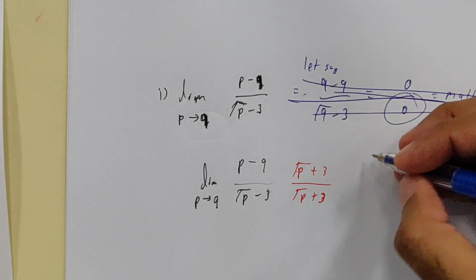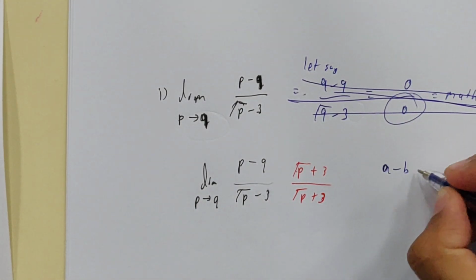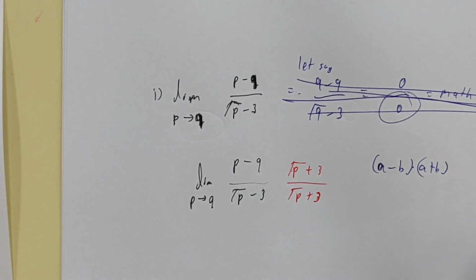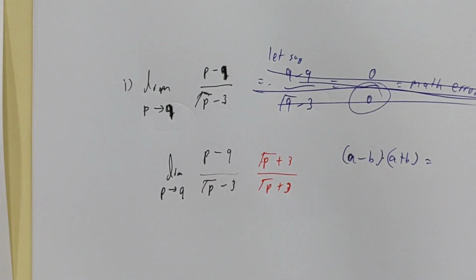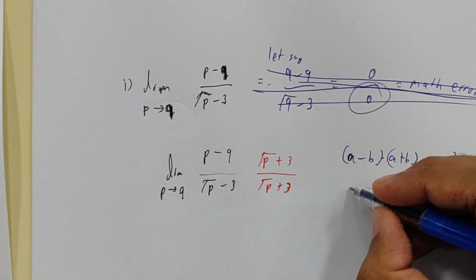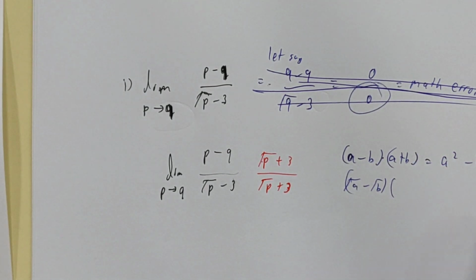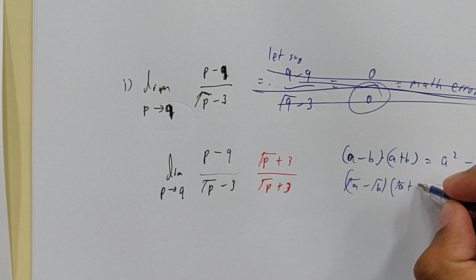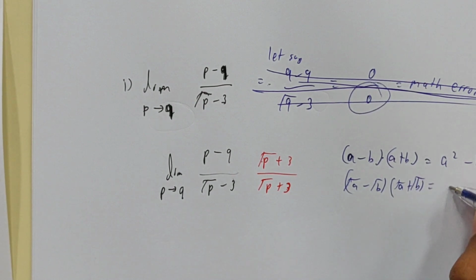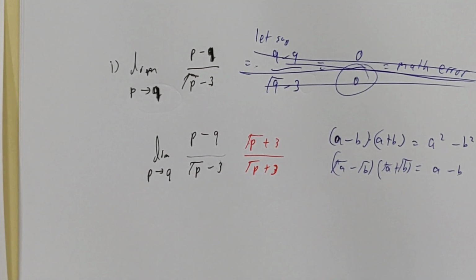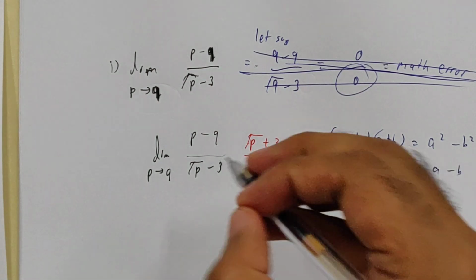A minus B times A plus B equals A squared minus B squared. So if square root of A minus square root of B, conjugate. Okay, let's continue.